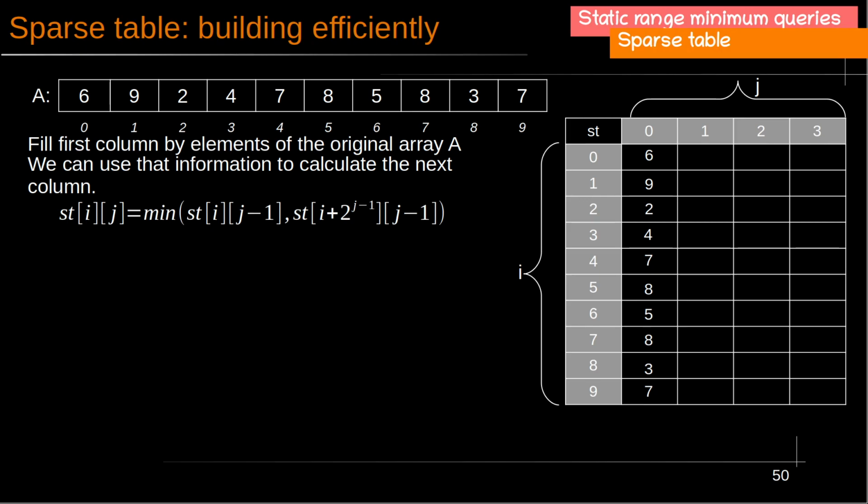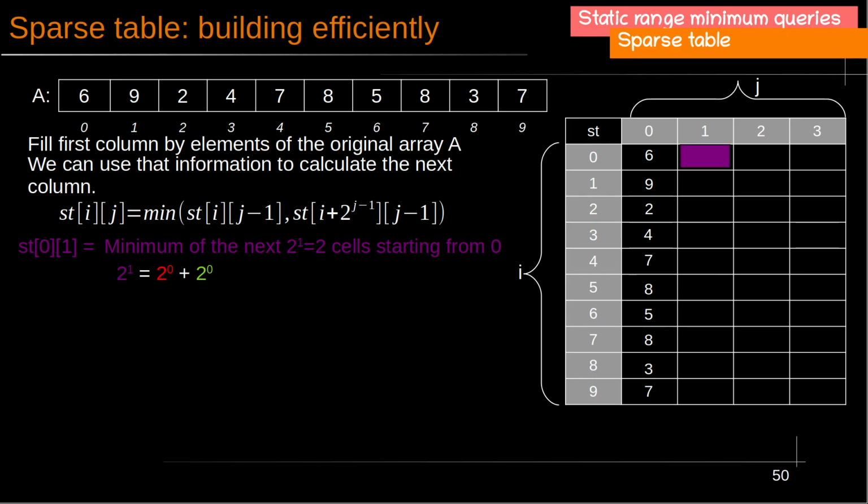We know that St ij is the minimum between St i j minus 1 and the value on the sparse table at the row i plus 2 power j minus 1, column j minus 1. If you want to compute St 0 1, it is the minimum, as we have seen, of the next 2 power 1 cells, which is 2, starting from 0.